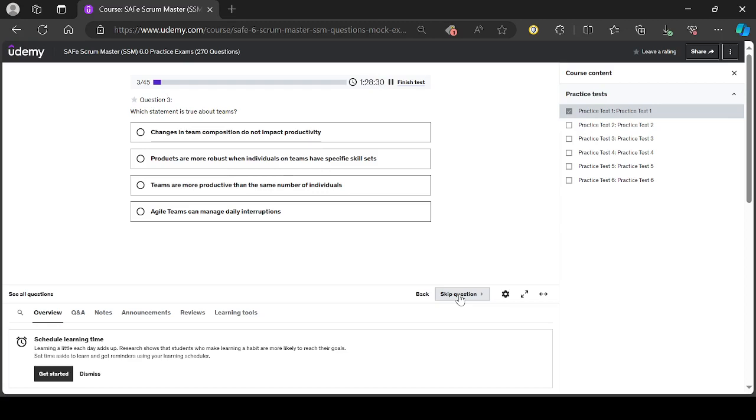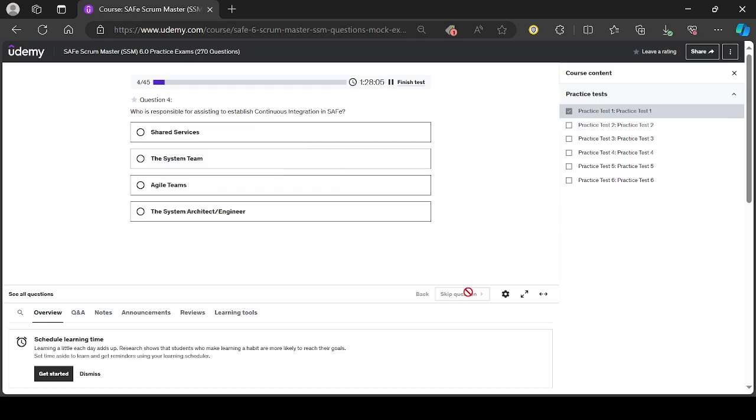Obviously, the fourth one is wrong because interruptions are not good for teams. Changes in composition do not impact productivity? Of course, it does. If you keep changing the teams, productivity will be impacted. The answer is teams are more productive than the same number of individuals because obviously when we come together and we do things in unison, we become more productive than if we have individuals doing it separately.